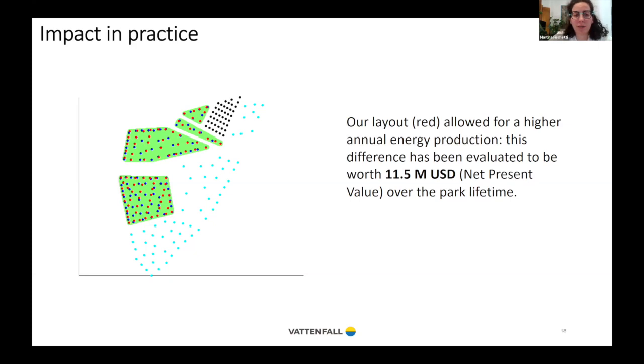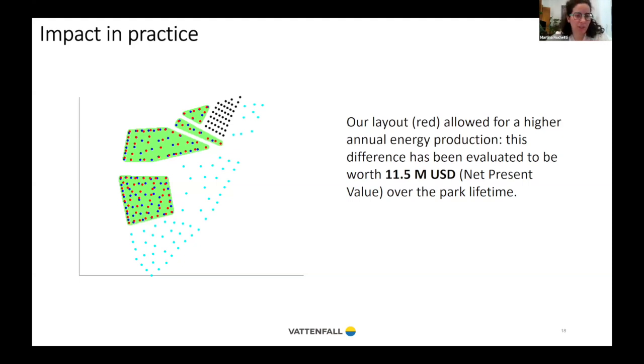So when we optimize our wind farm, we have to consider also the wake effect from these turbines. One thing you can notice, for example, I hope you can see my mouse, in this top part close to the black dots, the turbines don't go exactly on the edge of the available area, and this is because they are suffering the wake effect from the black turbines.